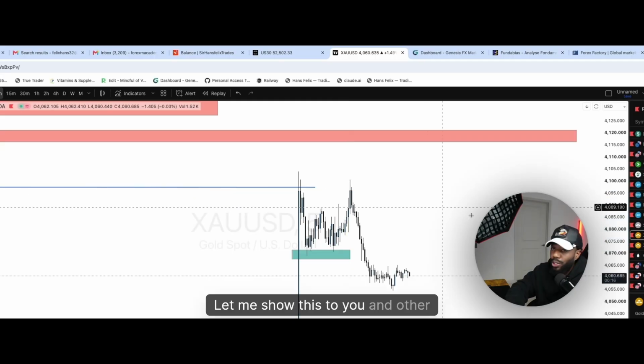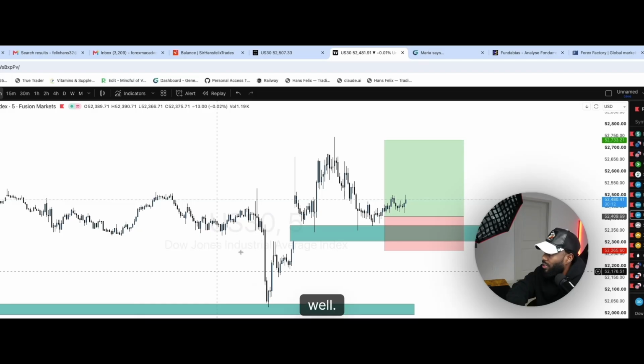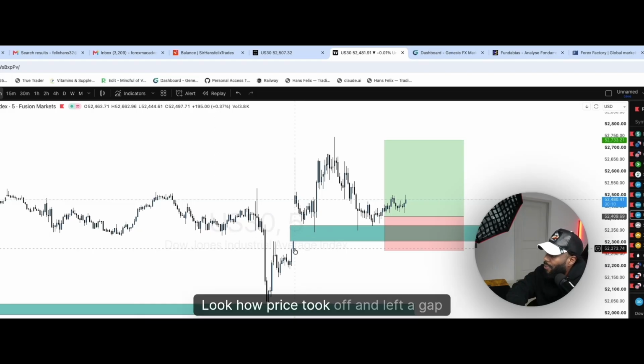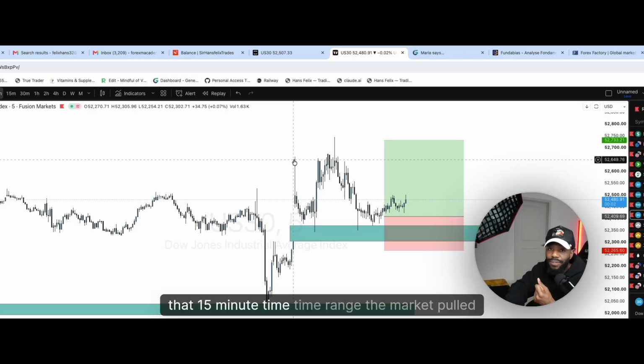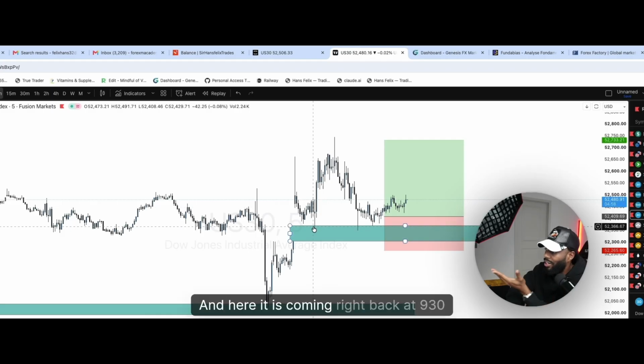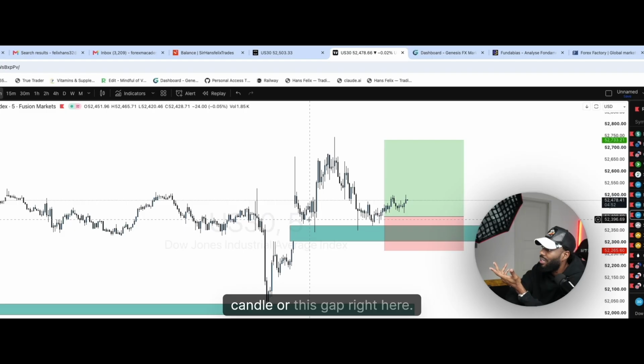Let me show this to you in other charts. I'm sure some of you guys probably traded today as well. Look how price took off and left a gap on US 30, but within that 15-minute time range, the market pulled back, and here it is coming right back at 9:30 into this candle or this gap right here.